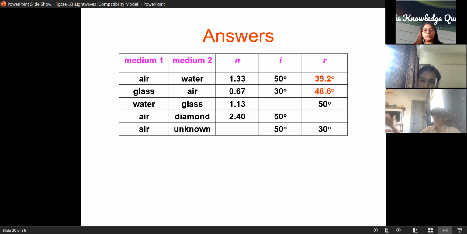I'm supposed to find out R now. So sin inverse of sin 30 divided by 0.67.